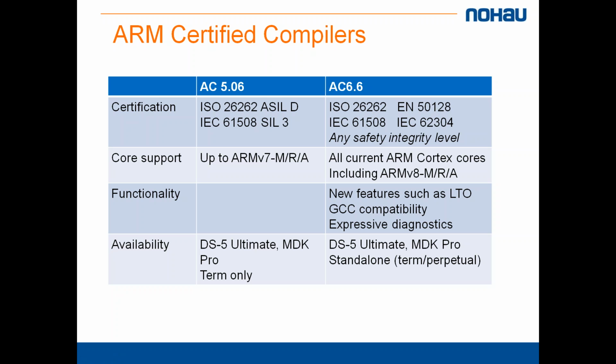Also, if you're looking to do code for ARMv8, so the M23 and M33, you can use ARM Compiler 6.6. There's also a new feature in ARM Compiler 6, quite a big difference from ARM Compiler 5, called link time optimization, or LTO.